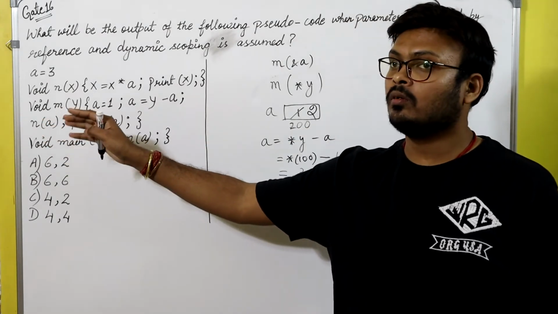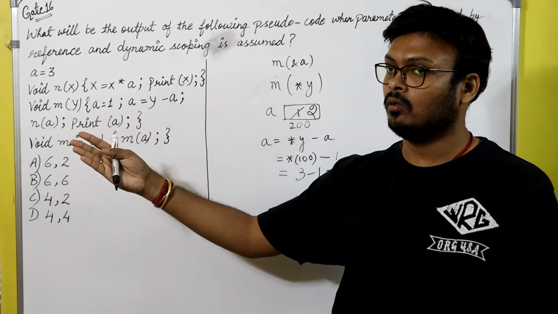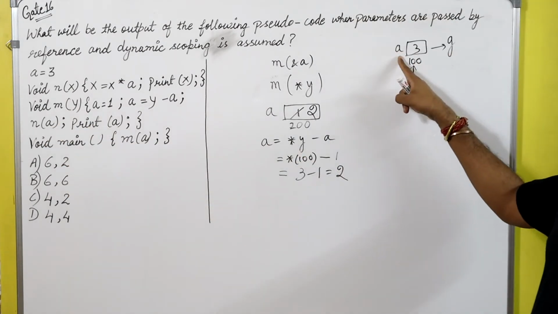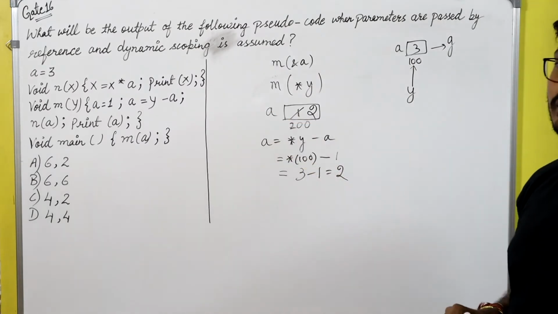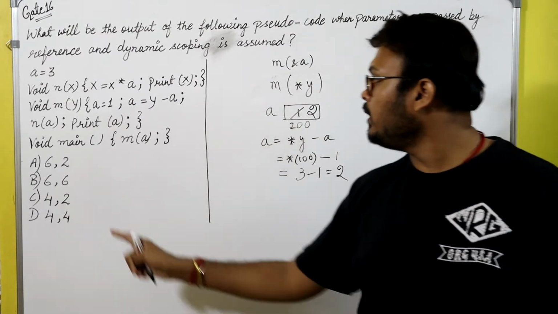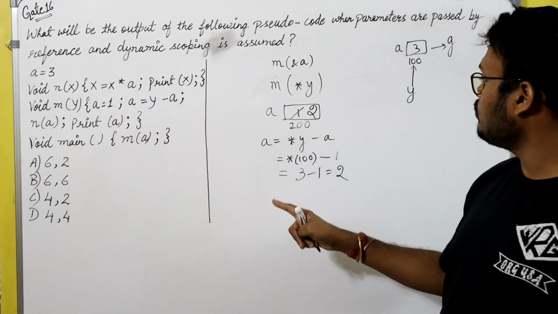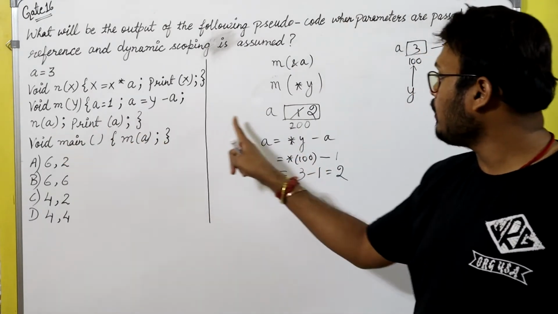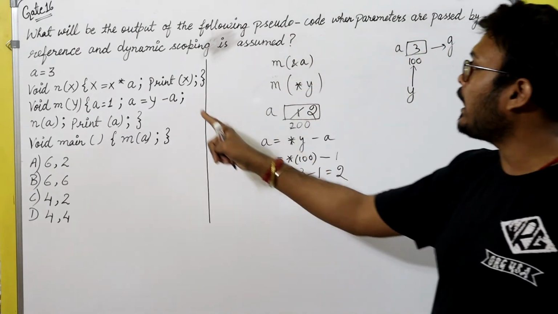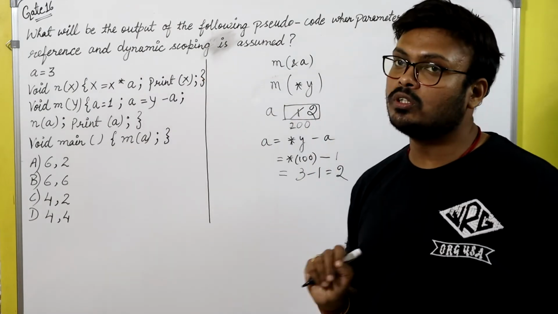So what A are they asking? Okay, what A is there? Is it a global variable A or is it a local variable A? Just think. It should be a local variable A. It means what? They are talking about this A. Why? Because in the question, it is already mentioned that dynamic scoping is used here.